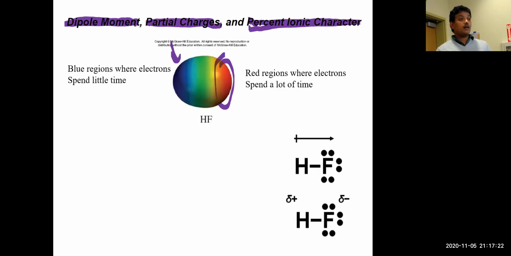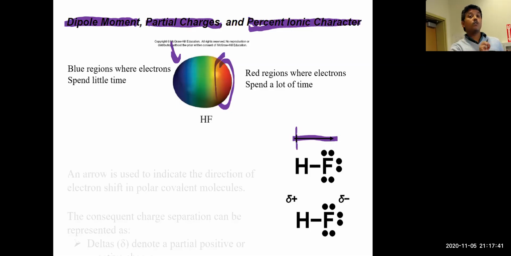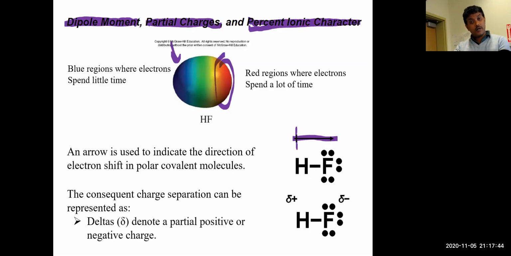There are two different signs. One is using a crossed arrow like this: an arrow with a cross at the end. That is a symbol to show that the bond is polar and it has the dipole moment towards the fluorine.